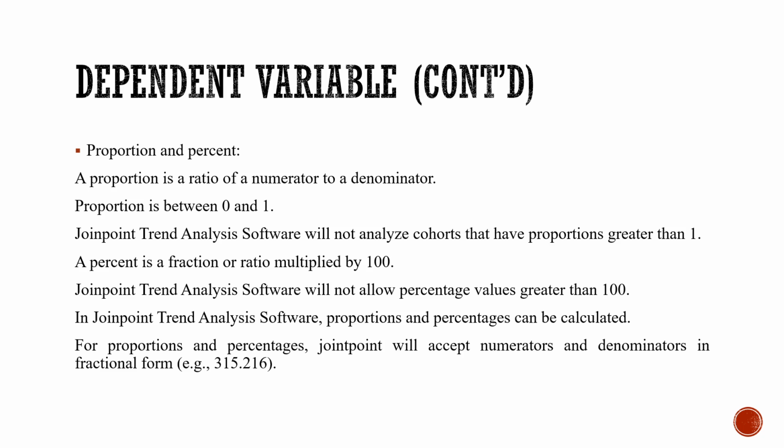However, Jointpoint trend analysis will not allow proportions and percentages greater than 1 and 100 respectively. We can directly calculate proportions and percentages in the software, and numerators and denominators for percentages and proportions can be fractional.